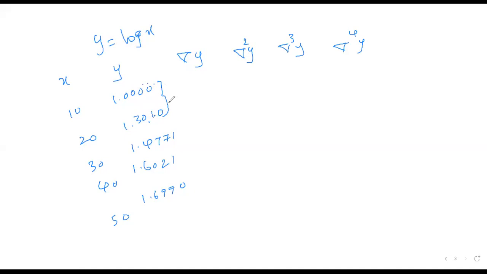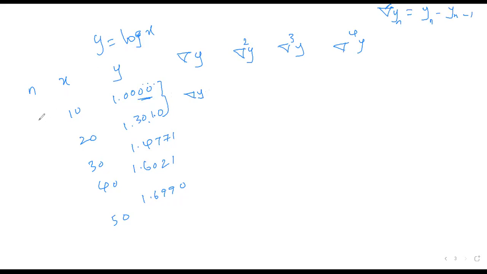Backward one will be nabla y_n is equal to y_n minus y_(n-1). Okay, so here we are finding this one. So let's put our index as well.